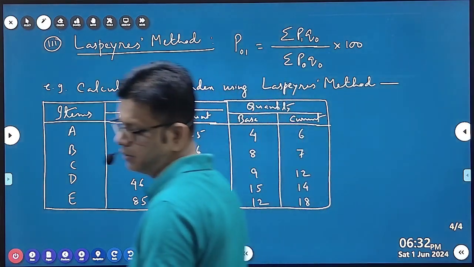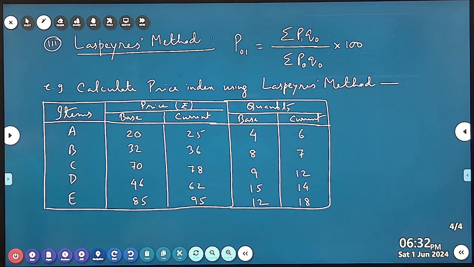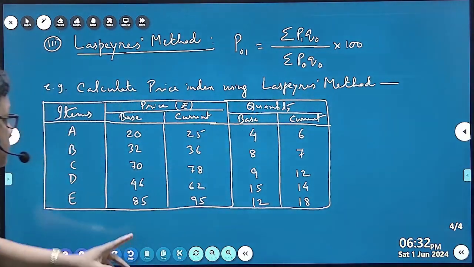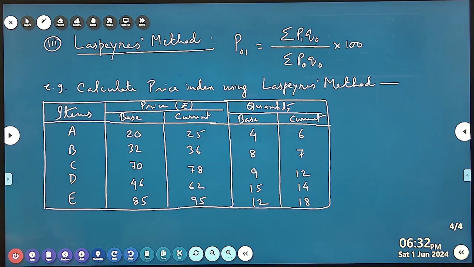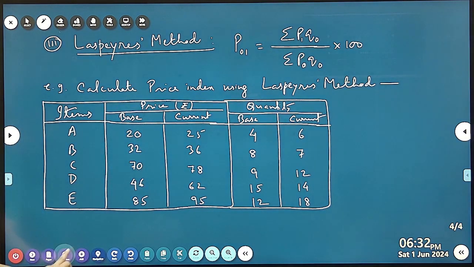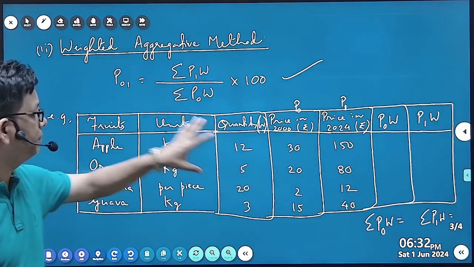Now look at the difference between that question and this question, because in this question we can't use the previous method. Even if the method is not mentioned, you should understand why and how this method works, not the other one. In the previous method, the quantity was the same, the base quantity.